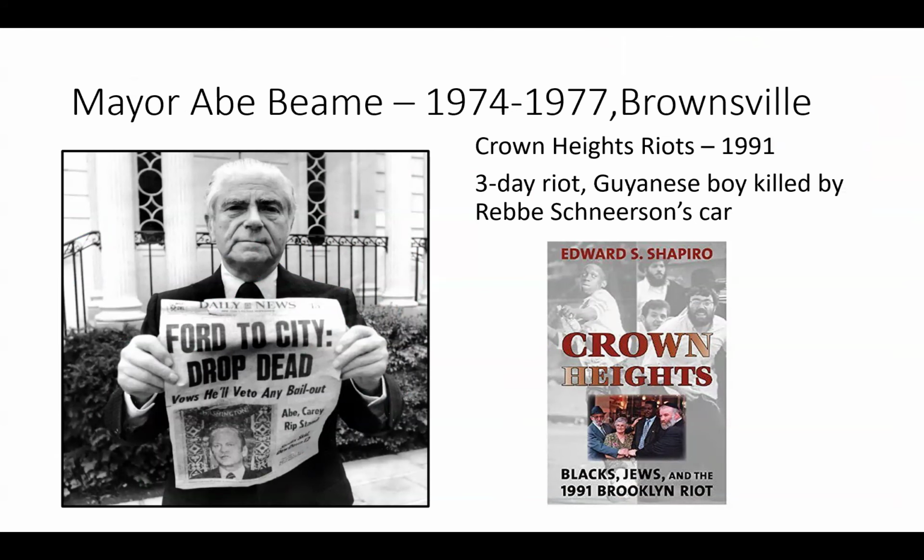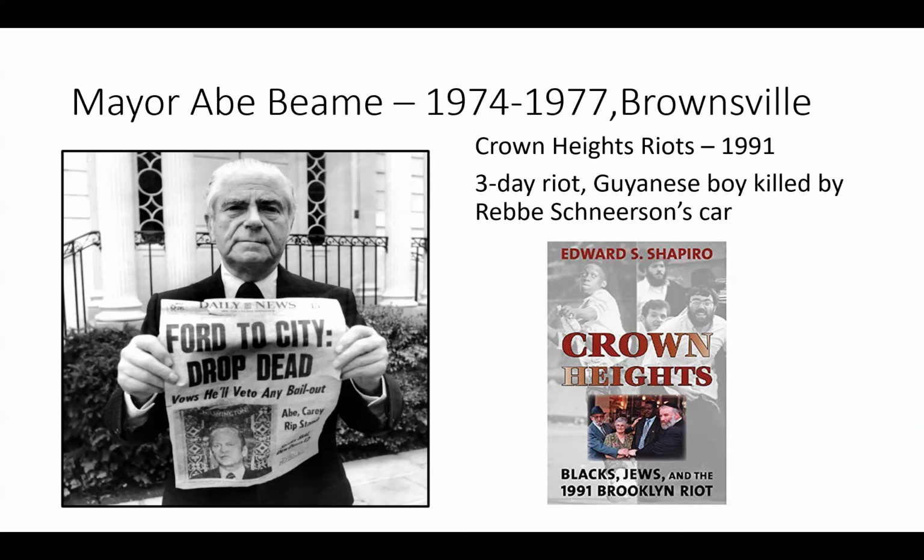Mayor Abe Beame became a successful or somewhat successful mayor who was from Brownsville, and presided over the terrible economic decline of the city. The Jews of Brooklyn have a mixed relationship with the other residents.